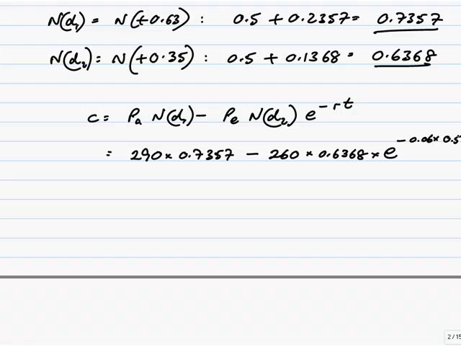And in fact, I'll immediately simplify that. 0.06 times 0.5 is 0.03. So it's to the power minus 0.03.